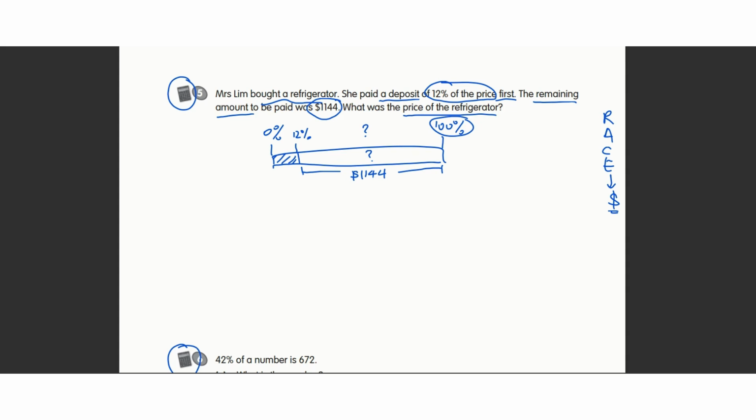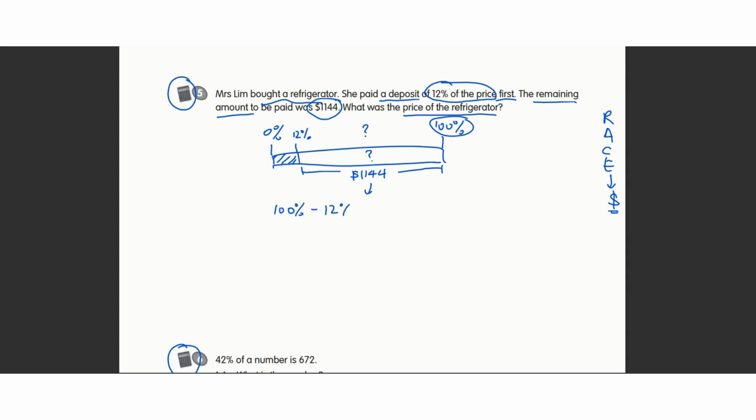With that, we can find that here $1,144 is equivalent to saying 100 minus 12%. Let me write it with the units of percentage.